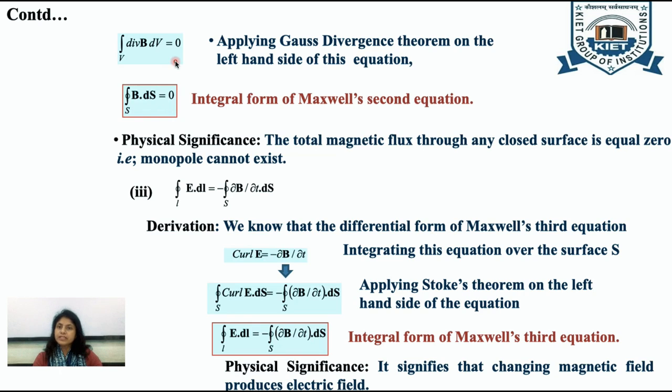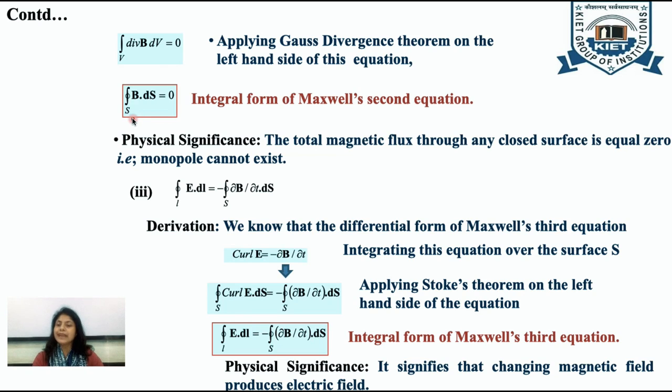Applying Gauss divergence theorem, we have surface integration of B dot ds is equal to 0. This is the integral form of Maxwell's second equation, which says that the total magnetic flux through any closed surface is equal to 0.